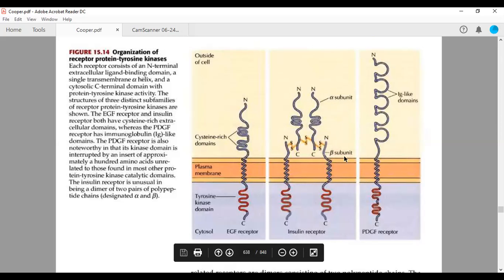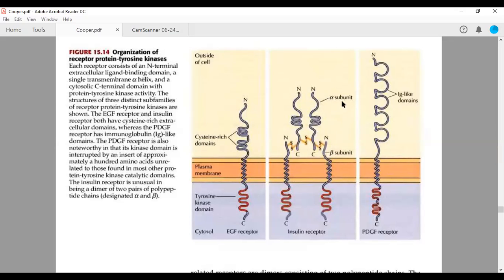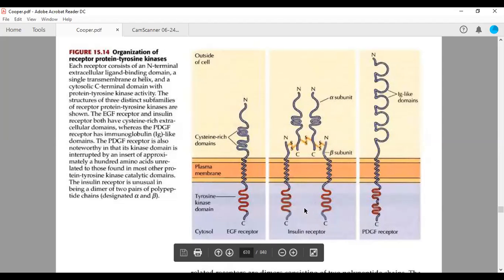One is alpha, one is beta, and these dimers are linked by disulfide bridges. The disulfide bridges are three in number. One links alpha with beta, another links alpha with beta, and another disulfide bond is present between the two alpha subunits, connecting them, so that the ligand, insulin, can come and bind to the N-terminal domain of the alpha subunit, and the receptor tyrosine kinase activity is present in the beta subunit C-terminal domain.